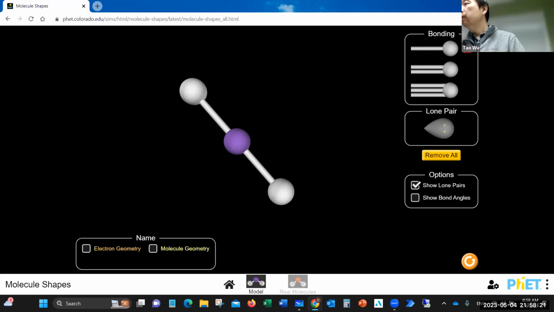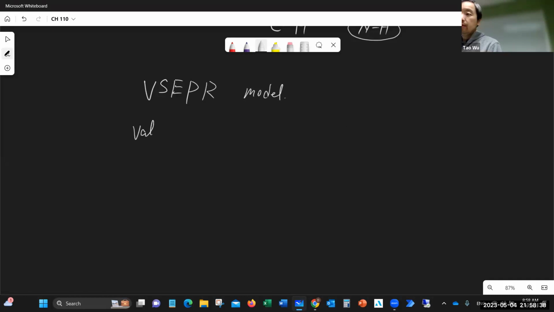So this model is called the VSEPR model. V is called the valence shell.